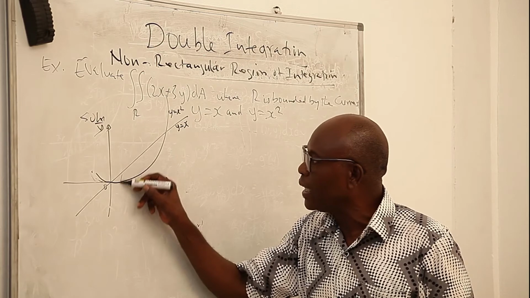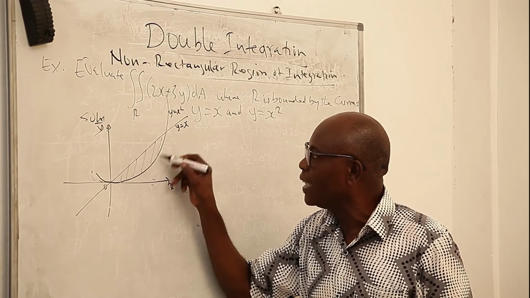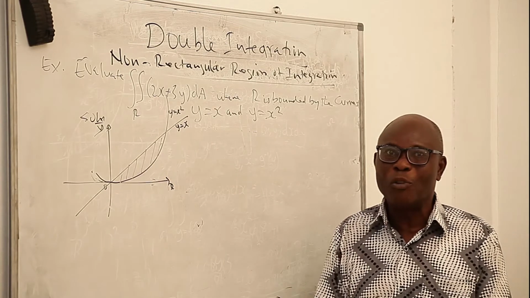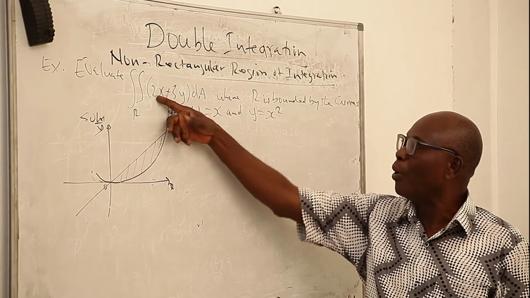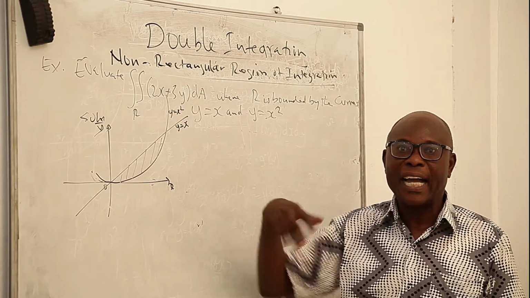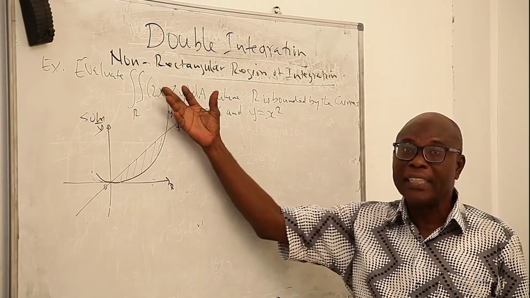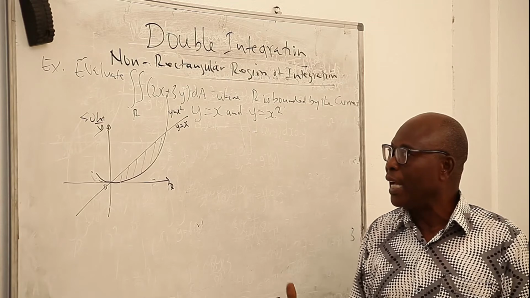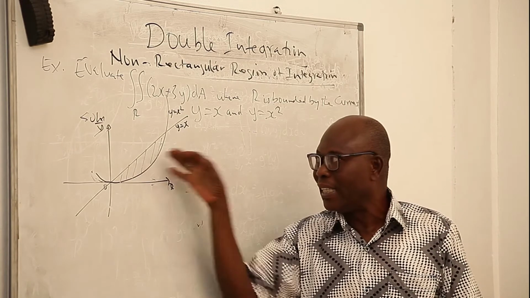You see that the region of integration is this. So it's this shape which forms the base. And then when we factor in the height, which is the surface, then we'll get a volume with this kind of shape. In three dimensions it will be a very nice shape.